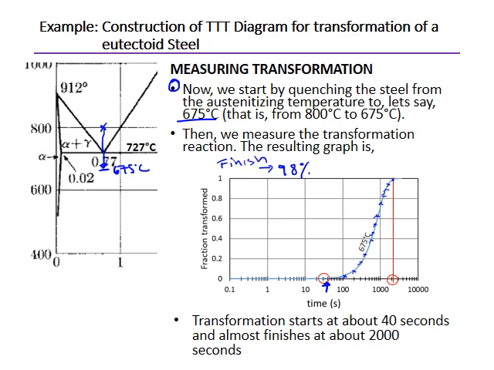So now we have knowledge that when we quench from 800 to 675, transformation starts at 40 seconds and transformation ends at 2000 seconds. Okay?